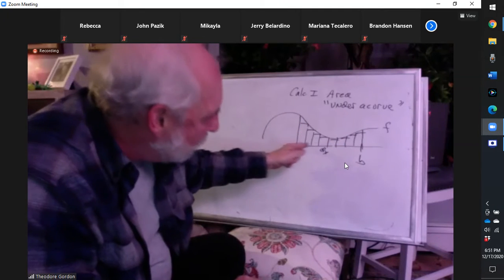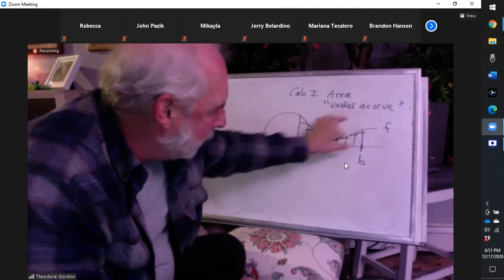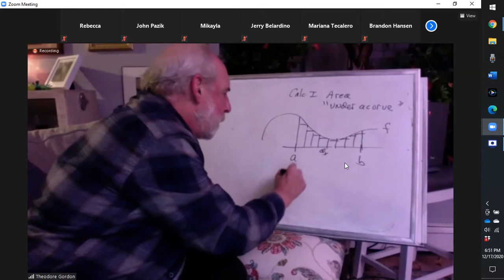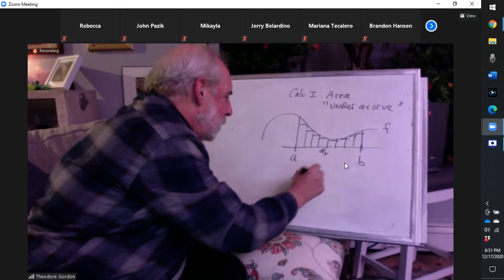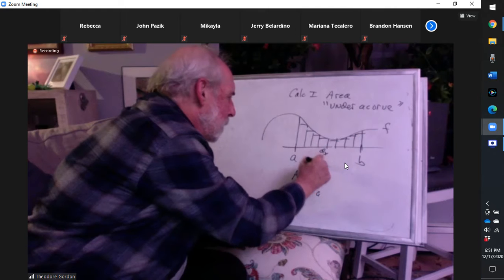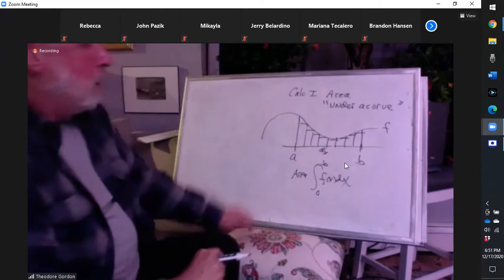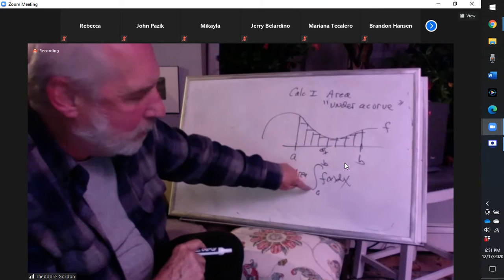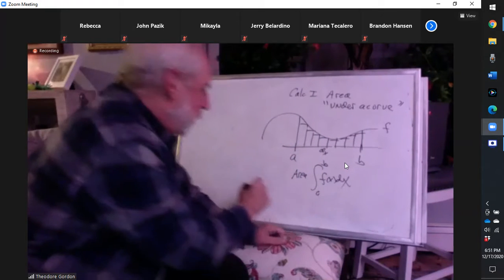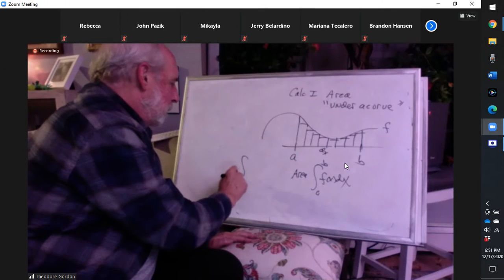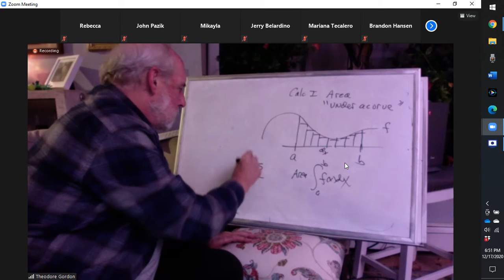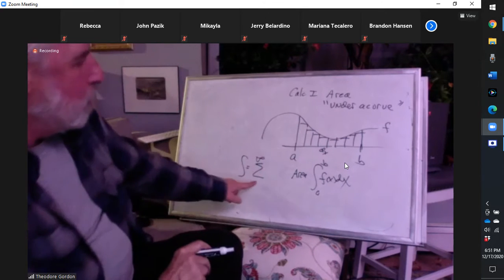Now we have an infinite number of rectangles. It's the exact area. And so our area becomes this: from A to B, the integral of f of x dx. This integral sign really means an infinite sum.